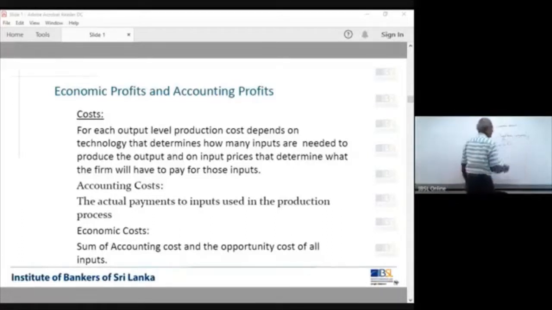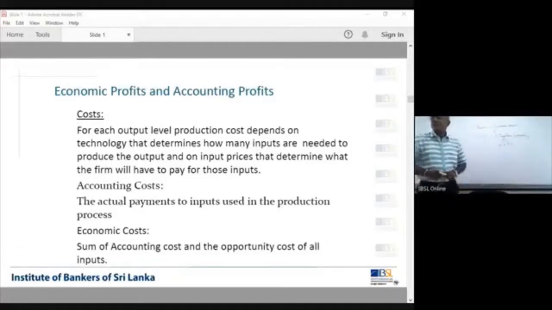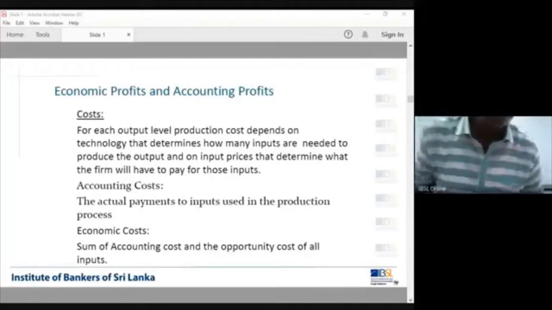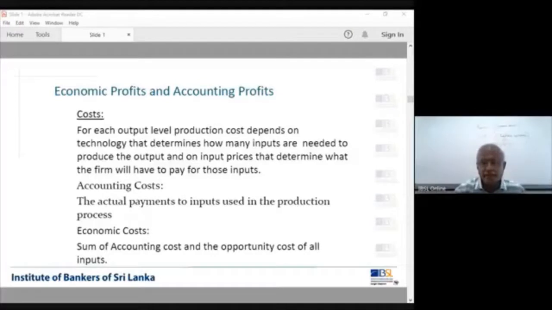Technology. What kind of technology? There are various types of technology: capital-intensive and labor-intensive. So we need people and machines to produce output.